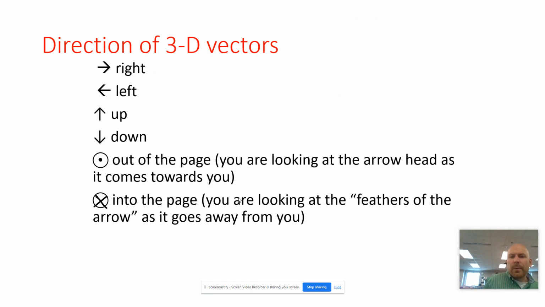So in order to handle this, we need to deal with three-dimensional vectors. We've got right, left, up, down. That's easy. But what about into the page and out of the page? Out of the page is represented by a circle with a dot. That's like an arrow coming at you.